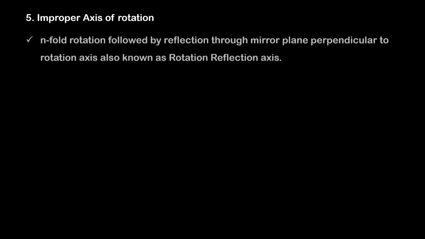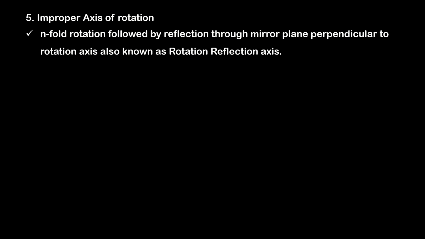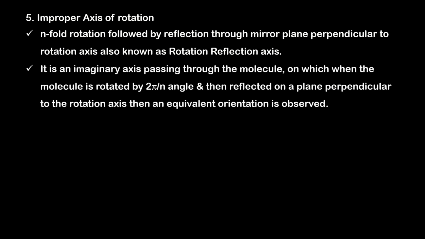Next, that is improper rotational axis, that is also denoted as Sn, a proper rotation followed by reflection through a mirror plane perpendicular to the rotational axis, also known as rotational reflection axis. It is an imaginary axis passing through the molecule, on which when the molecule is rotated by 2 pi by n angle and then reflected on a plane perpendicular to the rotation axis, an equivalent orientation is observed.